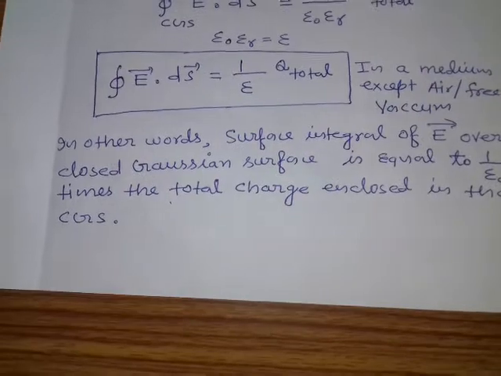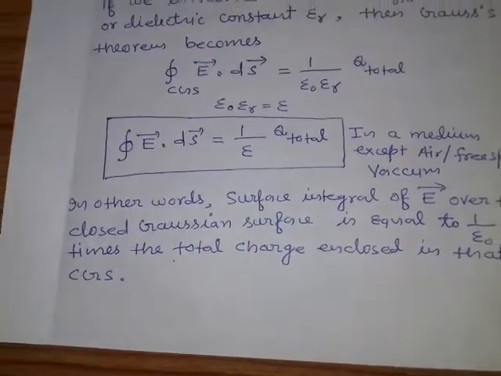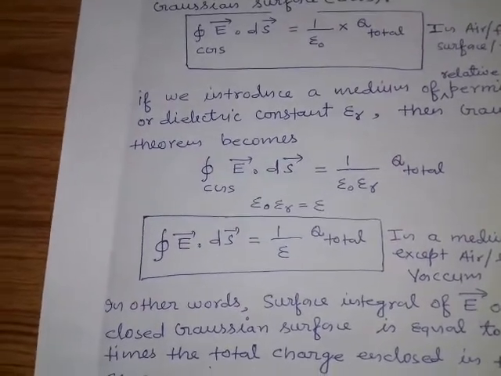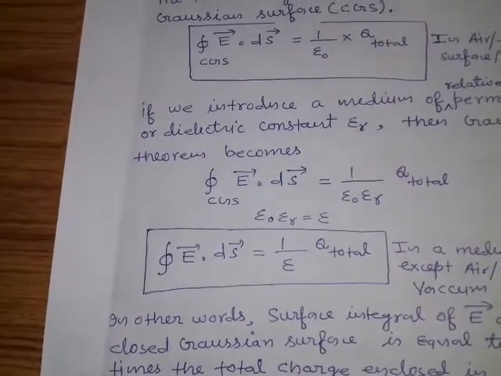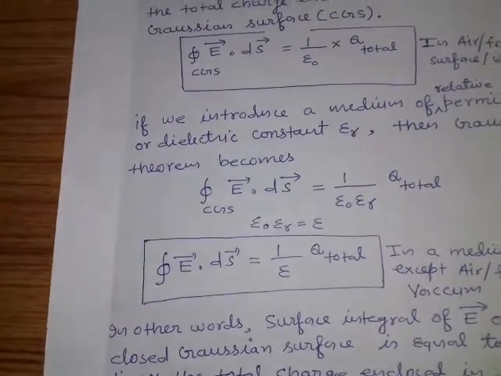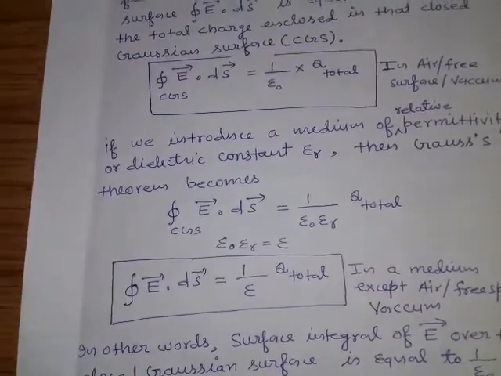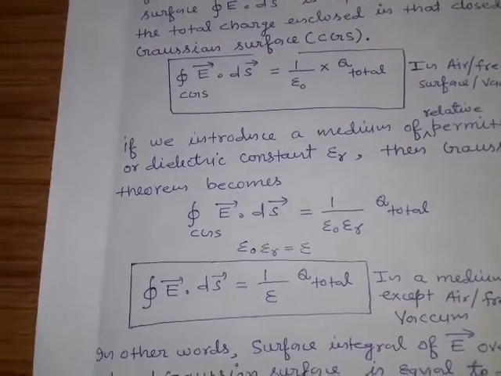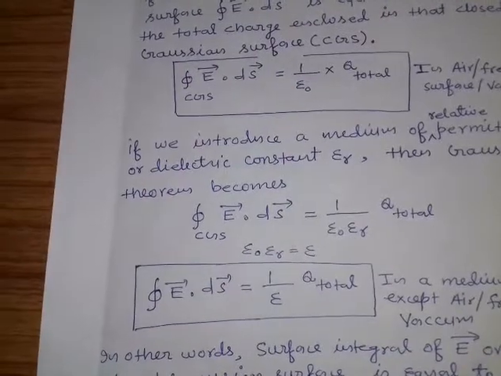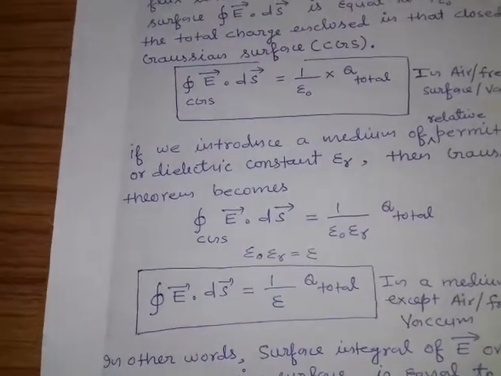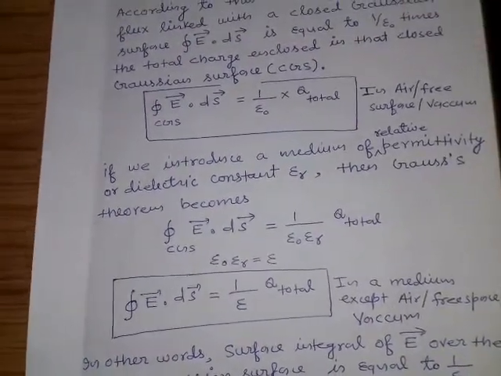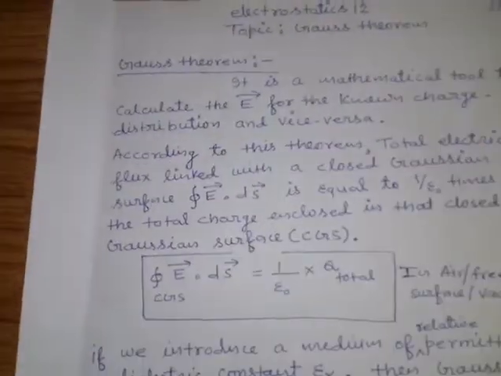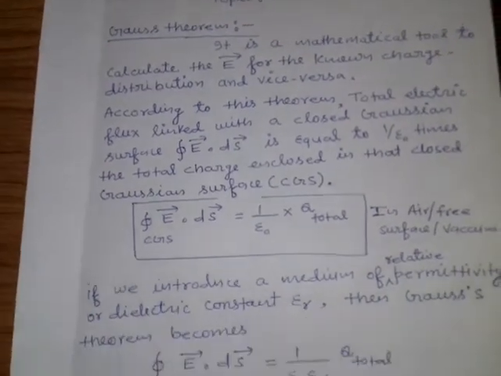Now we will study the properties of Gaussian surface. What is the property of Gaussian surface, what is the shape and dimension of the Gaussian surface, because to apply the Gauss theorem you must know all about Gaussian surfaces. Right now I will not discuss the derivation of this Gauss theorem because derivation is not part of your syllabus.